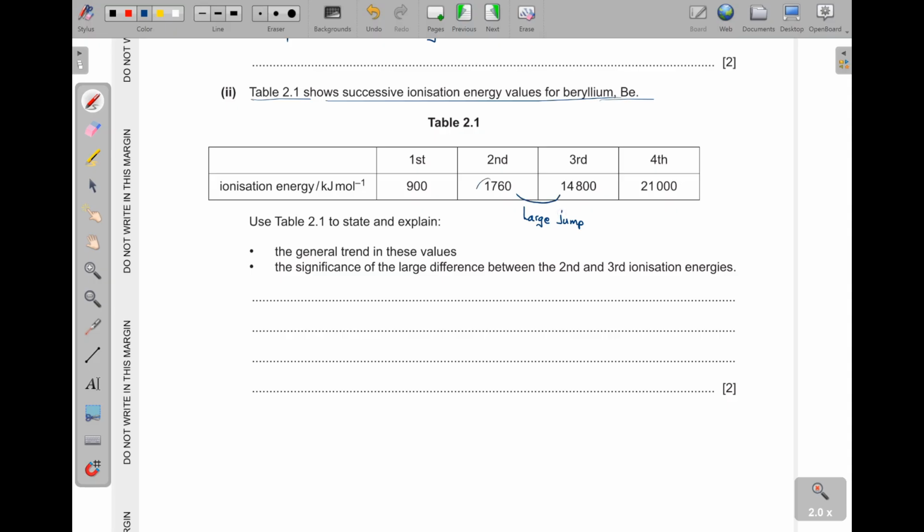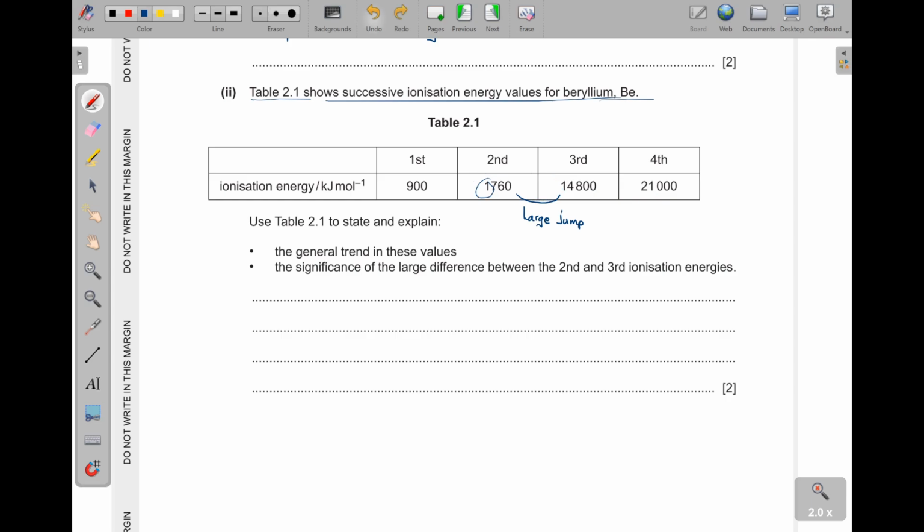It's very large. And then here you have 14,000 and then 21,000. It's not as large as the jump from 1,000 to 14,000.